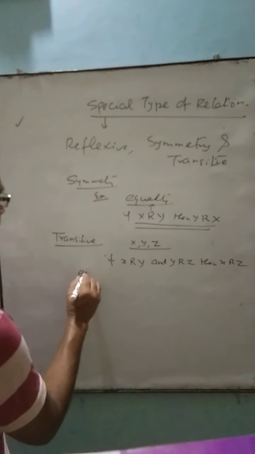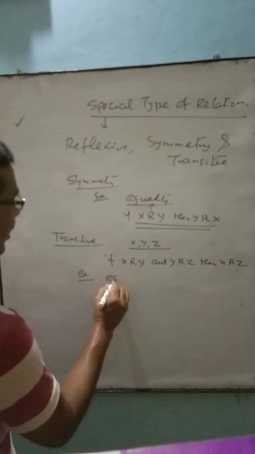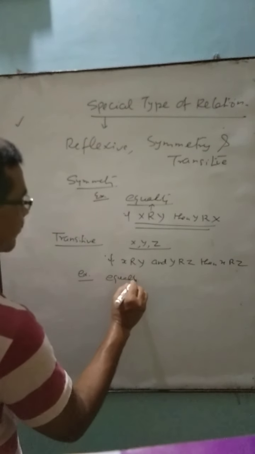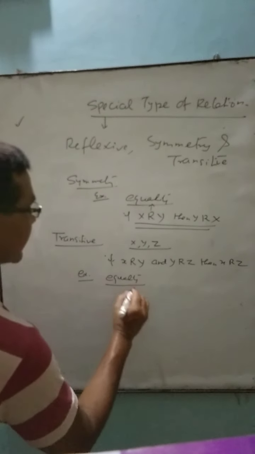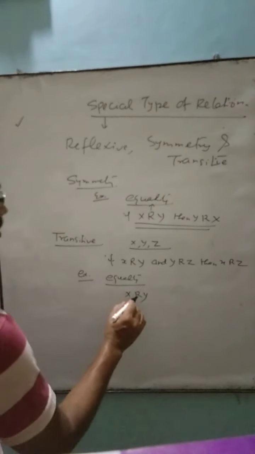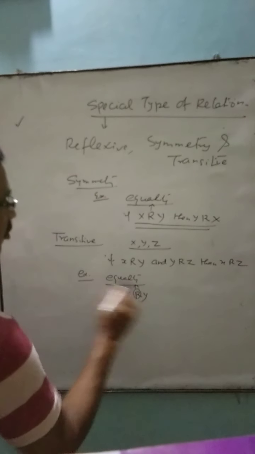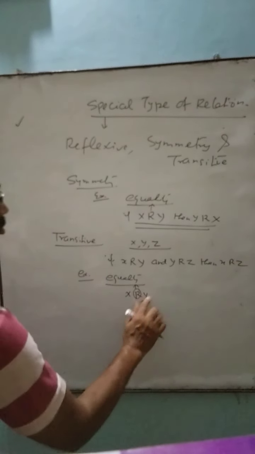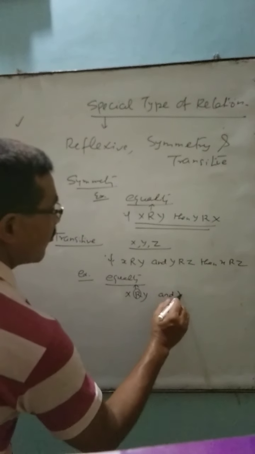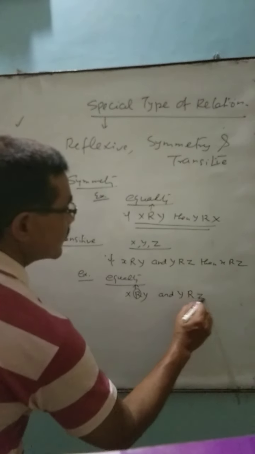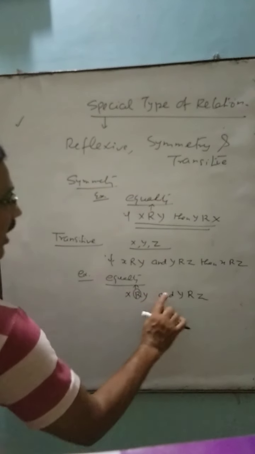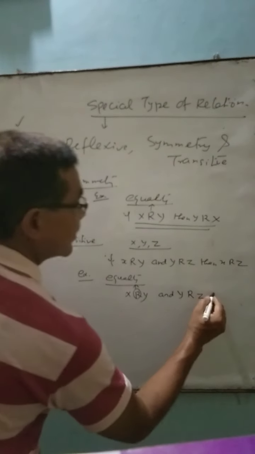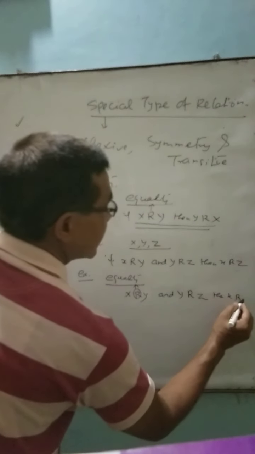Once again you can take the example of equality. x is equal to y. Now here R means equal. If x is equal to y and y is equal to z, then x is equal to z.